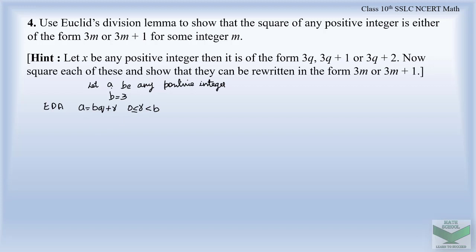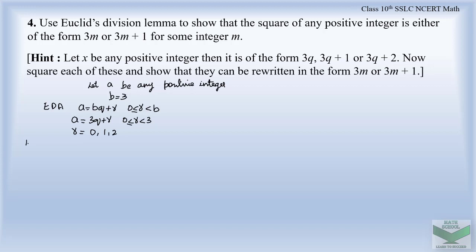So applying these a and b values to the algorithm, we will get a is equal to 3q plus r, where r is greater than or equal to 0 and less than 3. Since b is equal to 3, we get r lies between 0 and 3. So we will have 3 different values of r, such as 0, 1 and 2. Now let us apply each value of r to a and square on both the sides to get the result.